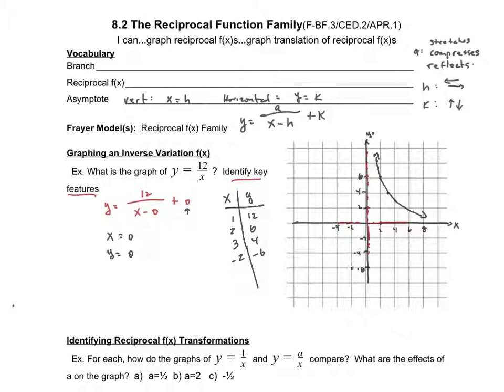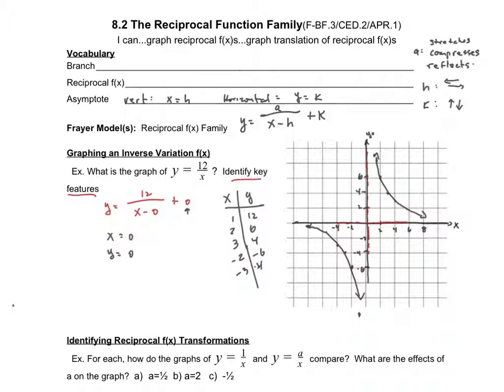So negative 2, negative 6. And of course, we can repeat those. Negative 3, or sorry, negative 3, negative 4. And then negative 4, negative 3. So there you go, my asymptotes are along the axes. That's how I'd graph that.